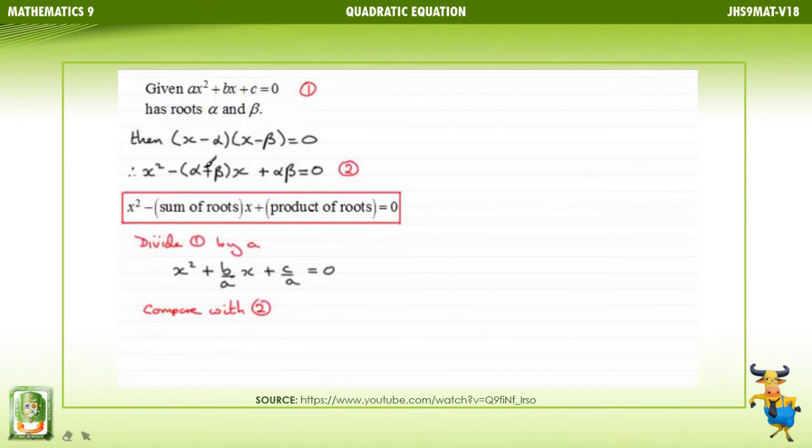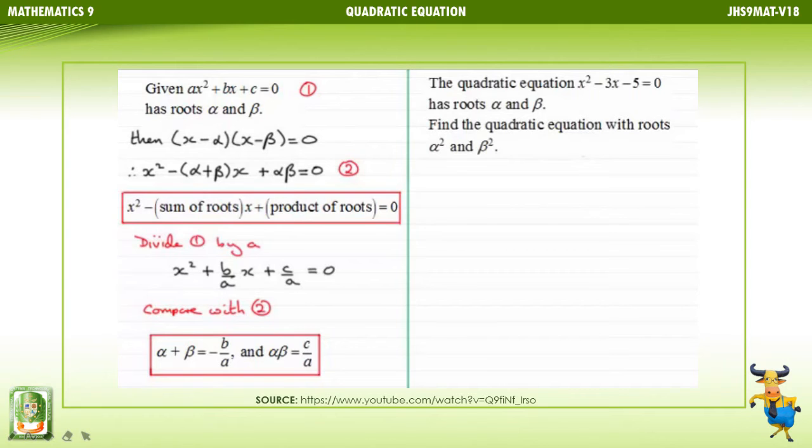What I notice is that minus all of alpha plus beta must be equivalent to b over a. And the product of the roots, alpha beta, must be c over a. So in summary, this result: the sum of the roots, alpha plus beta, equals minus b over a, and the product of the roots, alpha beta, equals c over a.